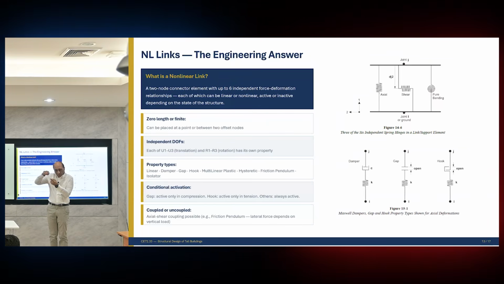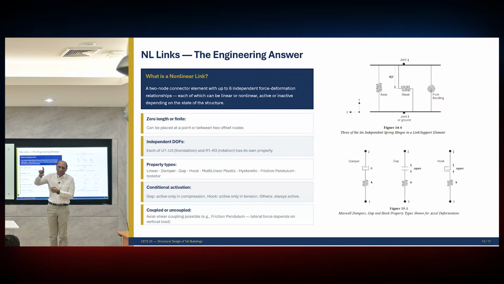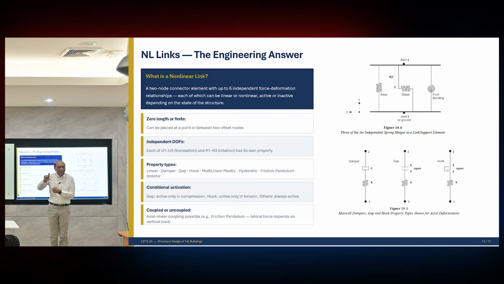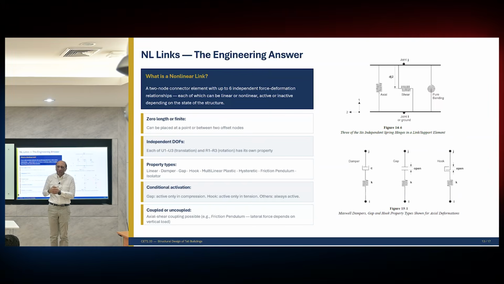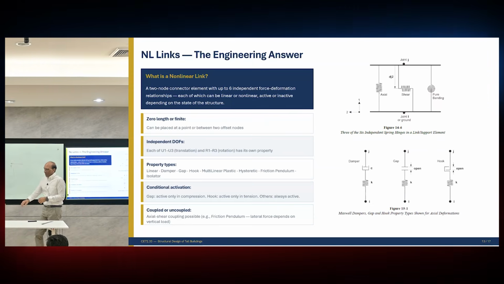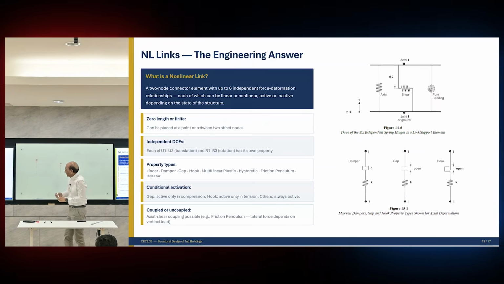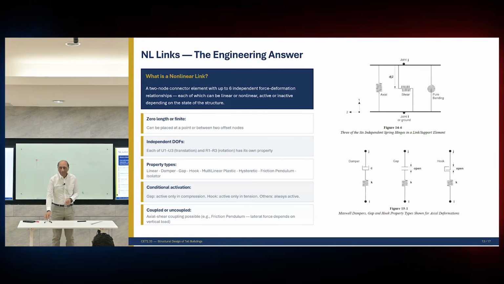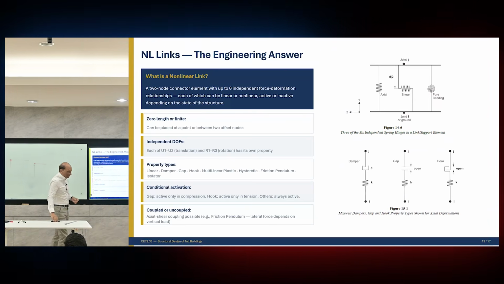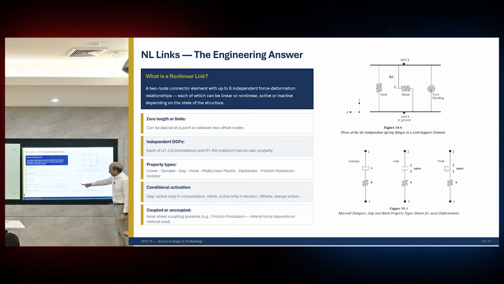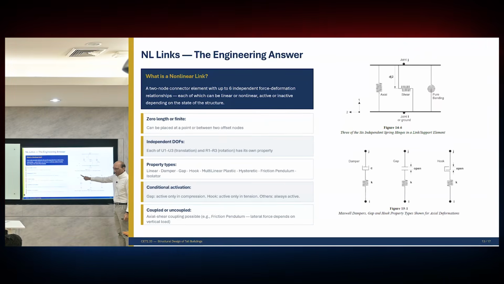You can provide several links between the two nodes, each with different behavior. Or you can connect one link and then assign different behavior to different degrees of freedom, depending on how you want to do that. This power of the link is what gives you that behavior. Inside, you can do a damper, spring plus damping in series.